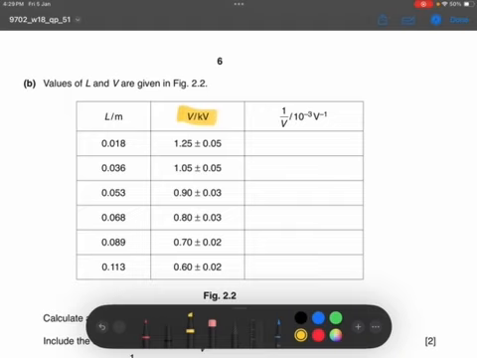This becomes 0.8. So we are getting 0.8 times 10 to the power of minus 3. We have to be very careful there.